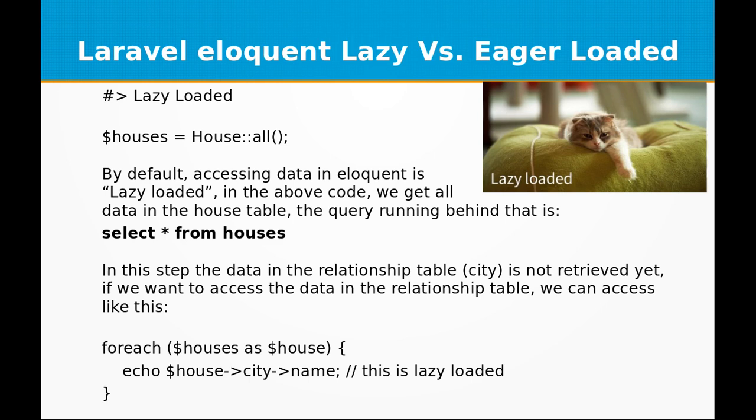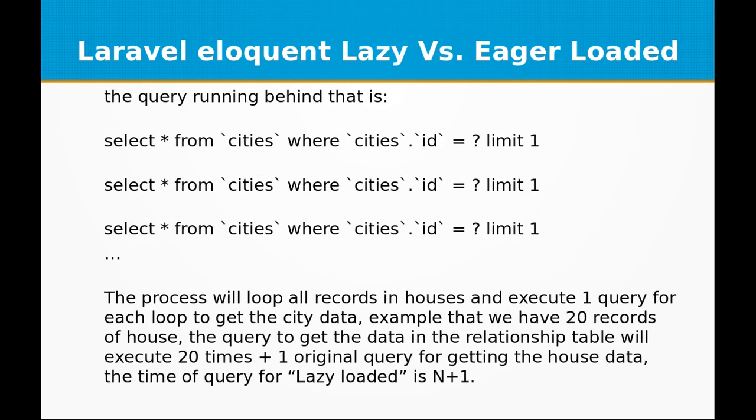If we want to access the data in the relationship table, we can access it like this: foreach houses as house, echo house->city->name. This is lazy loaded. The query running behind that is select * from cities where cities.id equals the house's city id limit 1, and it will run for each record.